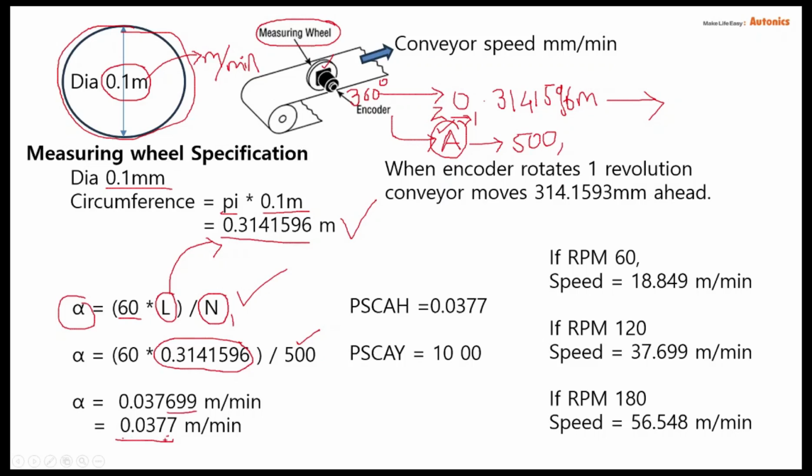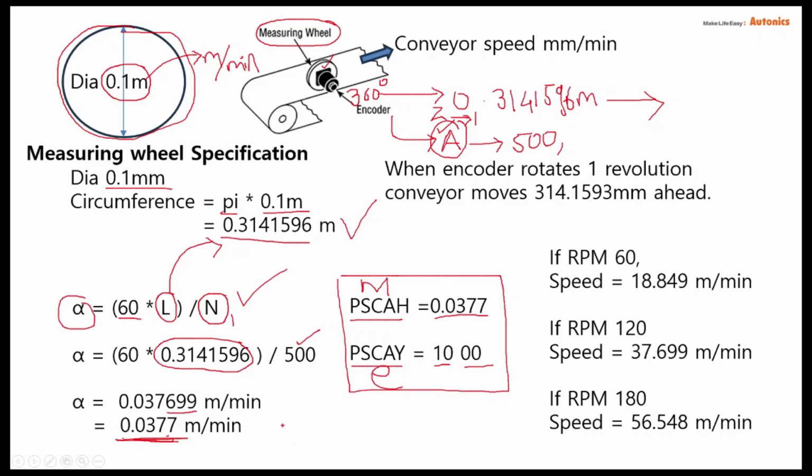If I want to enter this value inside my pulse meter, I will enter it in PSCH, which is my mantissa, as 0.0377, and PSCAY, which is my exponent, as 10 raised to 0. So 0.0377 multiplied by 10 raised to 0 gives this alpha value.